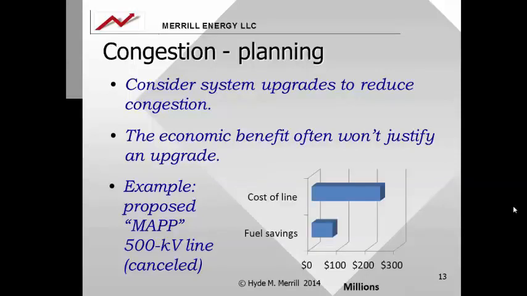The annualized cost of the line, sort of like the mortgage cost of the line, is over $200 million a year. The annual fuel savings due to reducing congestion are about a third of that. Obviously, the savings in fuel due to reducing congestion will not justify the cost of the line.